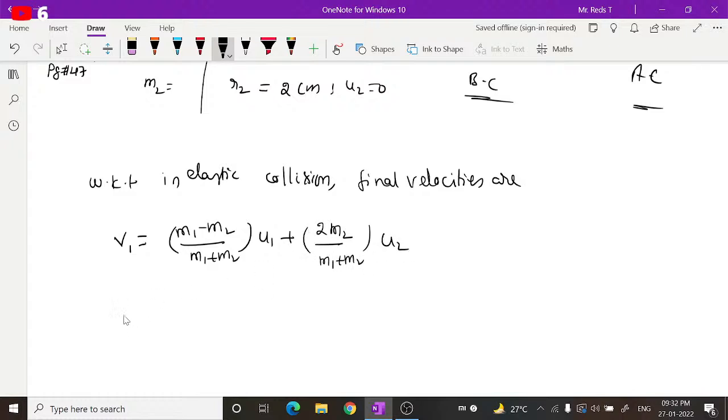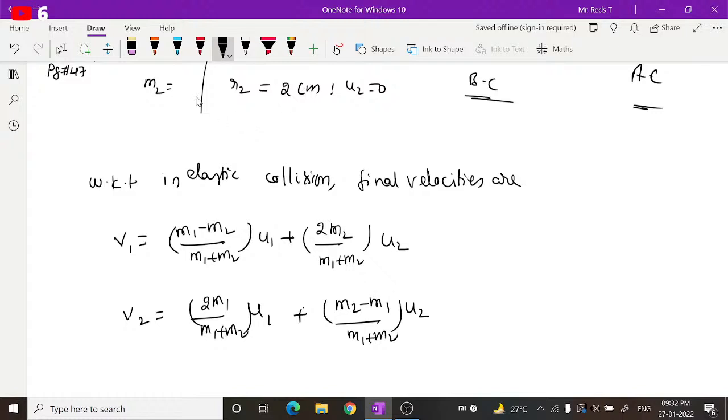That is v1. And v2 equals, the terms swap: the u2 term comes as (m2 minus m1), and the u1 term comes as 2m1 divided by (m1 plus m2) into u1, and the u2 term comes as (m2 minus m1) divided by total mass (m1 plus m2) into u2.